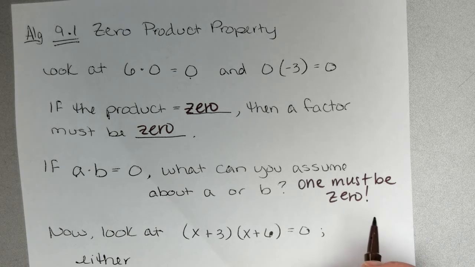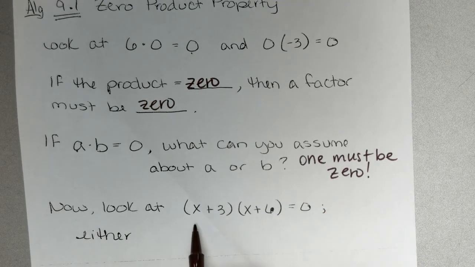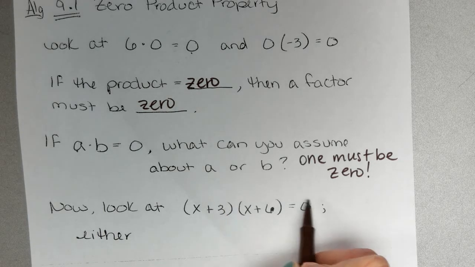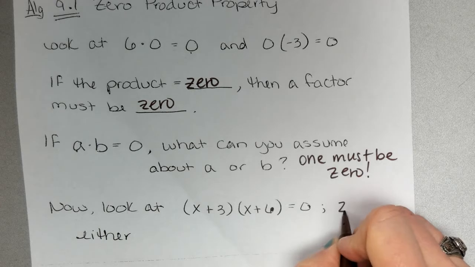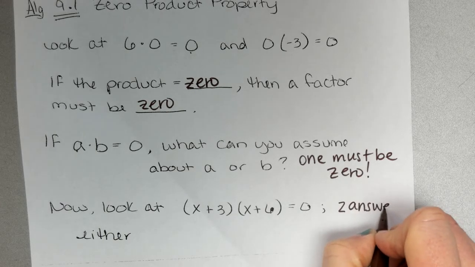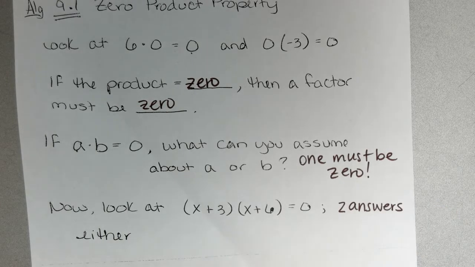Now, if we look at these binomials that are multiplied together, x plus 3 times x plus 6 equals 0, we could set each one of these to 0 to figure out what x is going to be. There's going to be two answers. You'll always have two answers. And you set each one equal to 0.